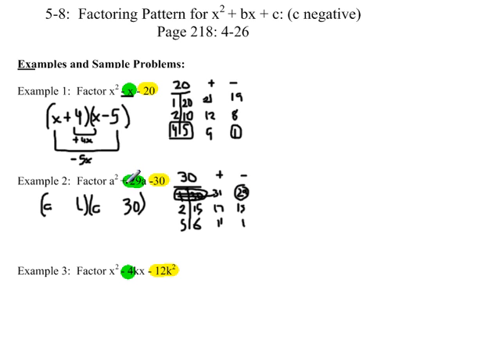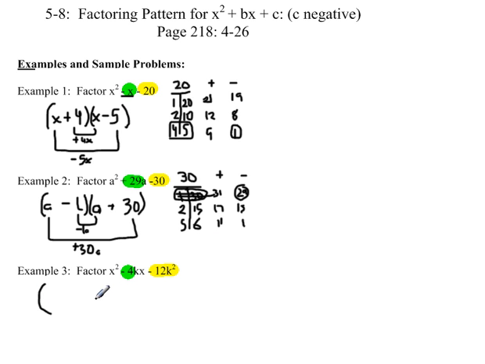You want it to be a positive 29 and a negative 30, so your signs have to be different. So if it's a positive 29, that's going to be a positive 30 minus 1. So your plus will go with the 30. The 1 will have a minus, so it's a minus 1. A plus 30 is your answer.